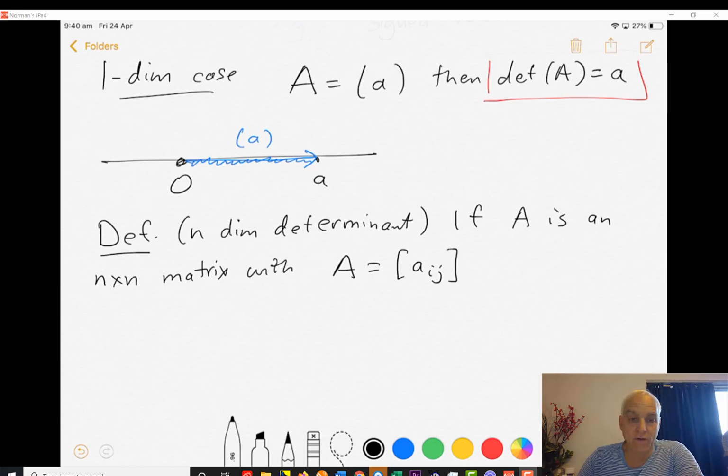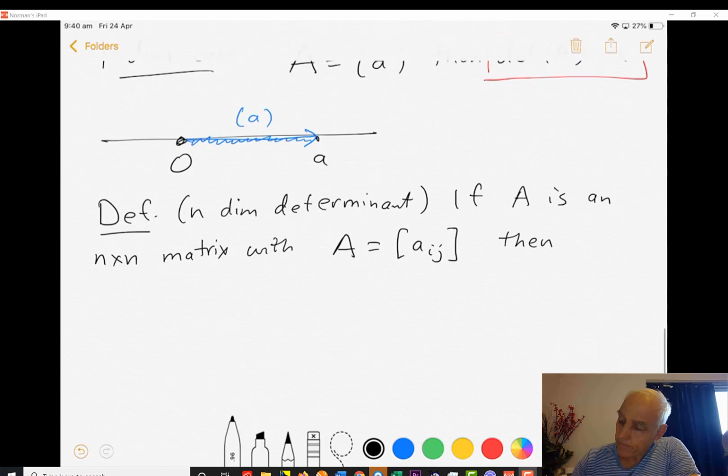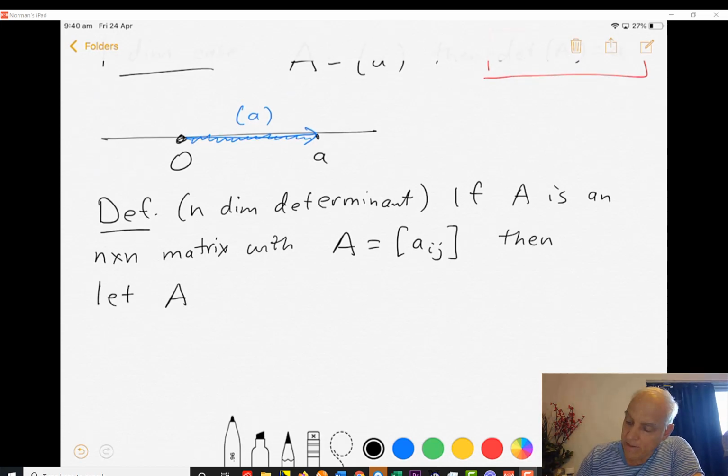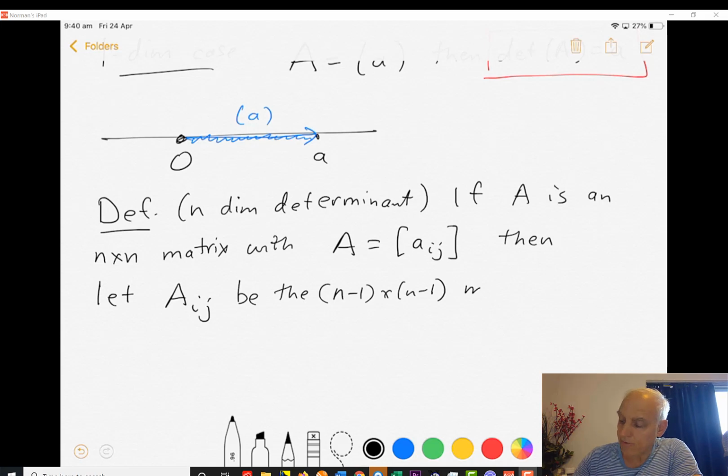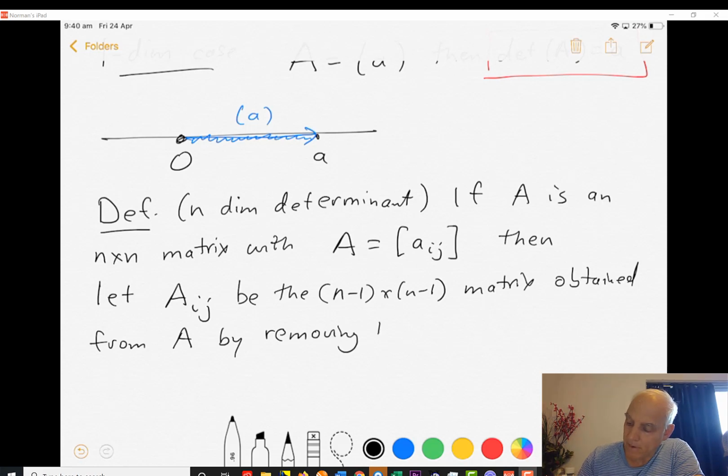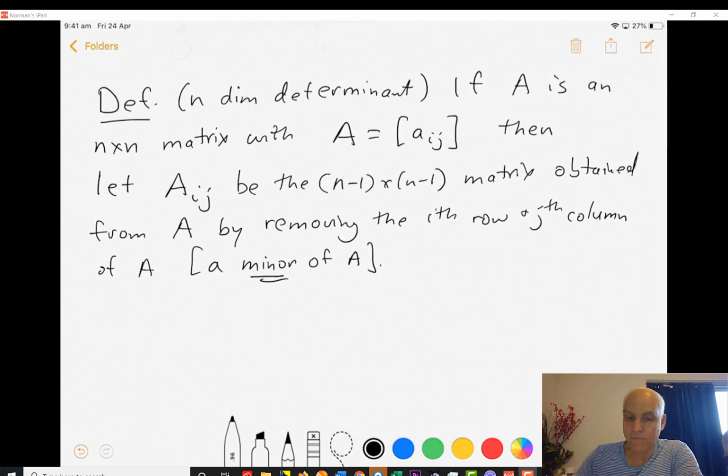So that's the ijth entry of this matrix A. Then let capital A sub ij be the n minus 1 by n minus 1 matrix obtained from A by removing the ith row and jth column of A. So this is called a minor of A. Okay, so that's an n minus 1 by n minus 1 matrix. It depends on i and j.